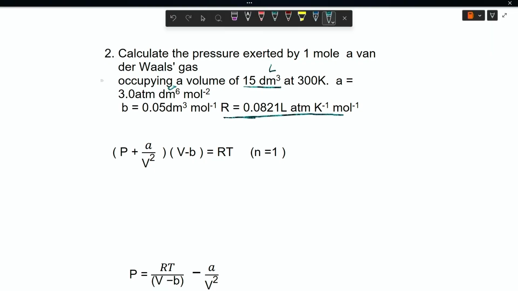Okay. So, you have to find out only the van der Waals gas equation pressure, what the gas will be showing according to that. So, again we will have to take this as P plus a by V², taking V minus b to the other side, that is equal to RT by V minus b.